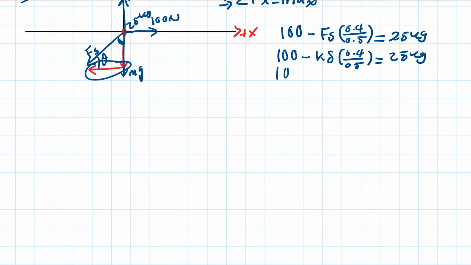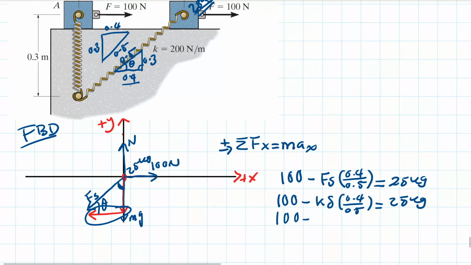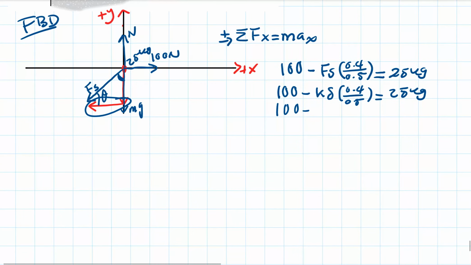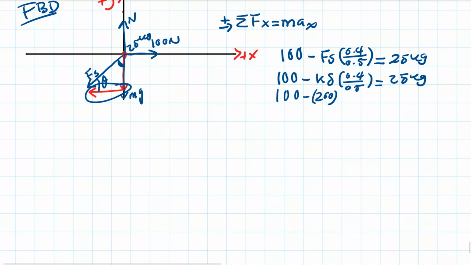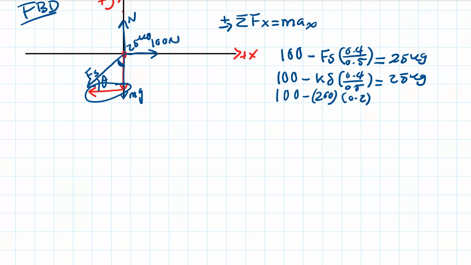That will be 100 minus k, which is 200, times the amount that's stretched, the difference between 0.5 and 0.3, which is 0.2, times 0.4 over 0.5, equal to 25 times acceleration in the x direction.